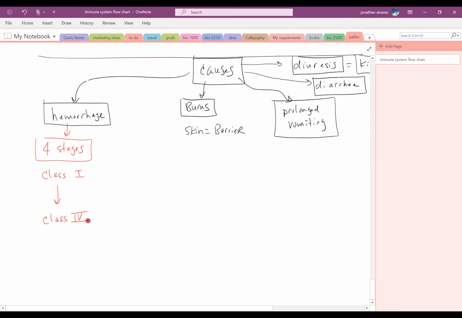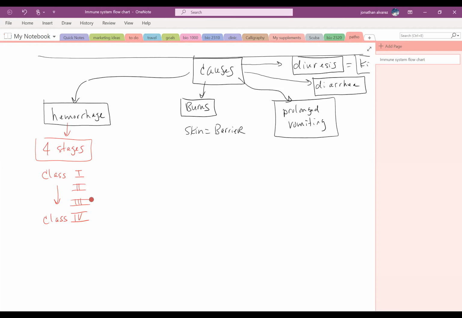Class 1 through class 4, so that would be 2 and 3 and then 4. Basically class 1 is minimal, and then class 4 is the worst.